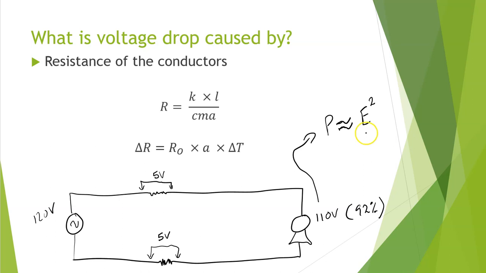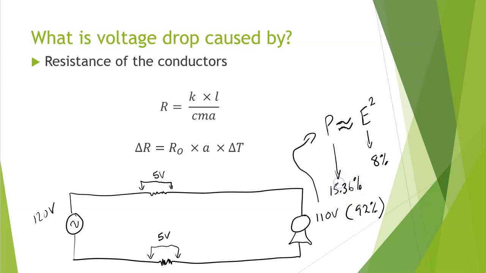And that means that a drop in voltage has a significant effect in dropping the power output capacity of the load. For example, this 8% voltage drop here would result in an equivalent power drop of around 15.36%.